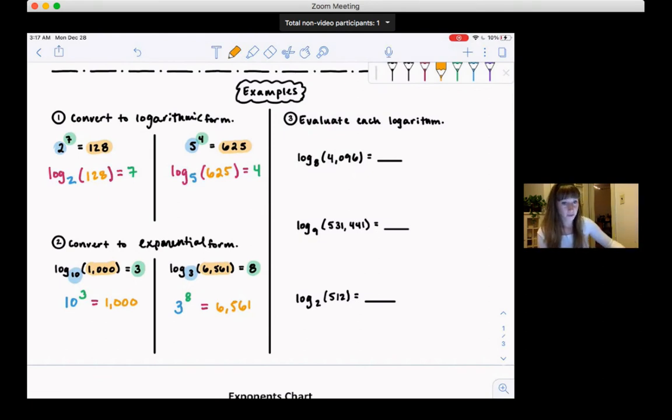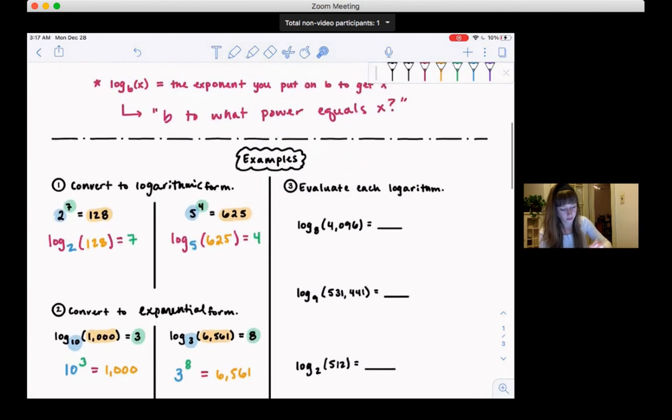Okay, last thing we want to do for this lesson is actually evaluate logarithms. So if we're given this logarithm, can we say what it's equal to? In order to do this, we're going to come back to this question. To figure out log base b of x, we're going to ask ourselves, b to what power equals x?